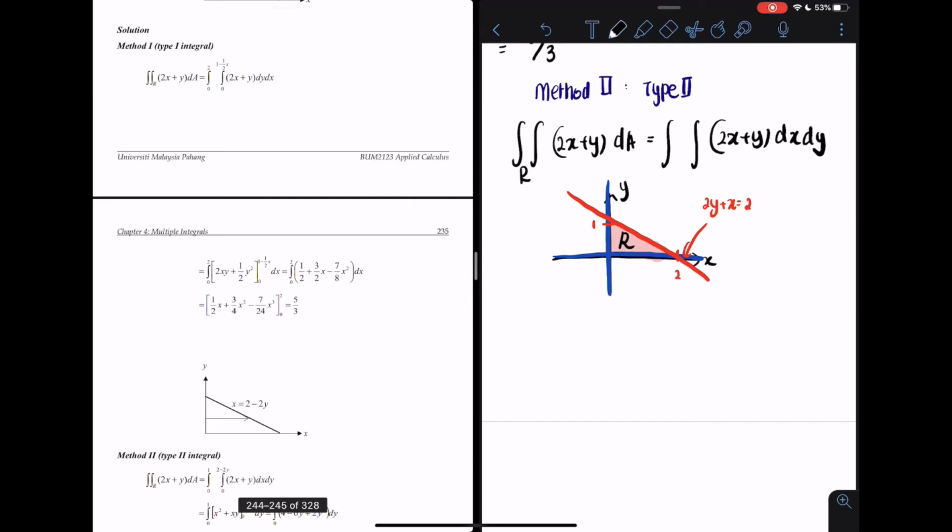Okay. So right now, when you decide to solve the problem by using type 2 integrals, instead of sketching an arrow bottom up and parallel to the y-axis, you have to sketch an arrow moving from left to the right, and this arrow is also parallel to the x-axis.